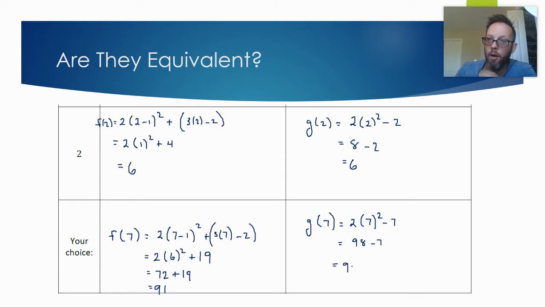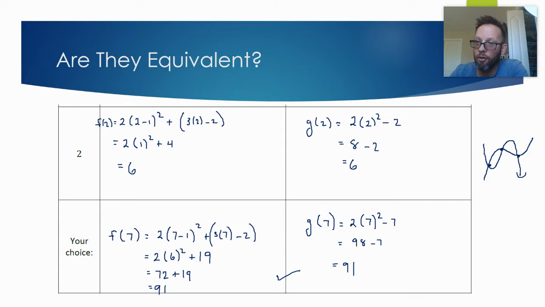So hopefully you at home, no matter what you plugged in, found out that f at whatever you plugged in is the same as g at whatever you plugged in. So we can be reasonably sure, just by trying a few points, that these two graphs are the same. Now, it is possible that you might have one function that goes through 3 points, and then a separate function that goes through those as well, and that you just got lucky.